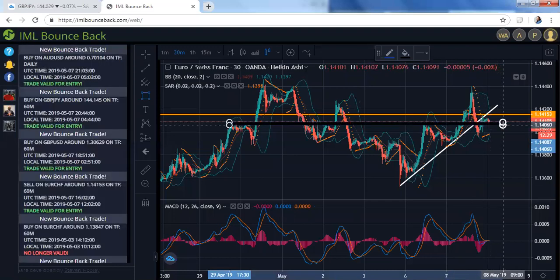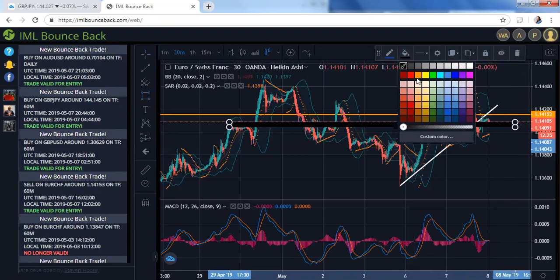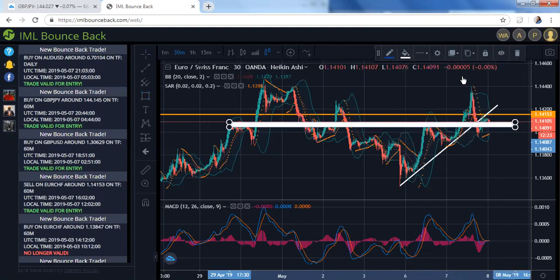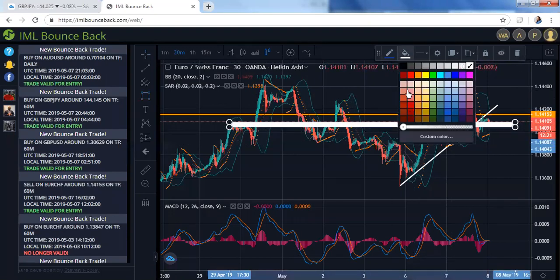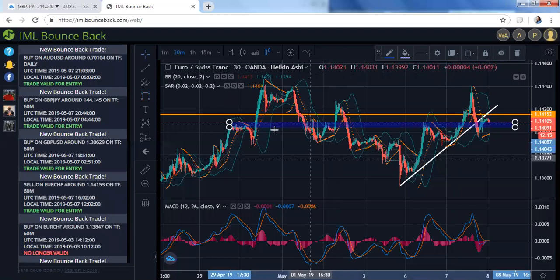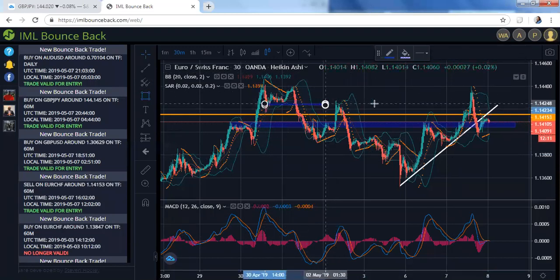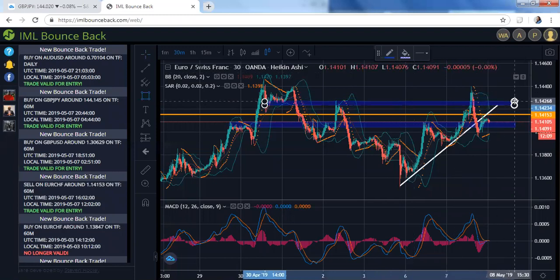I'm gonna change that color for you. All right, so we see structure there. We also see structure happening around here, right? 2 areas that we see structure happening.